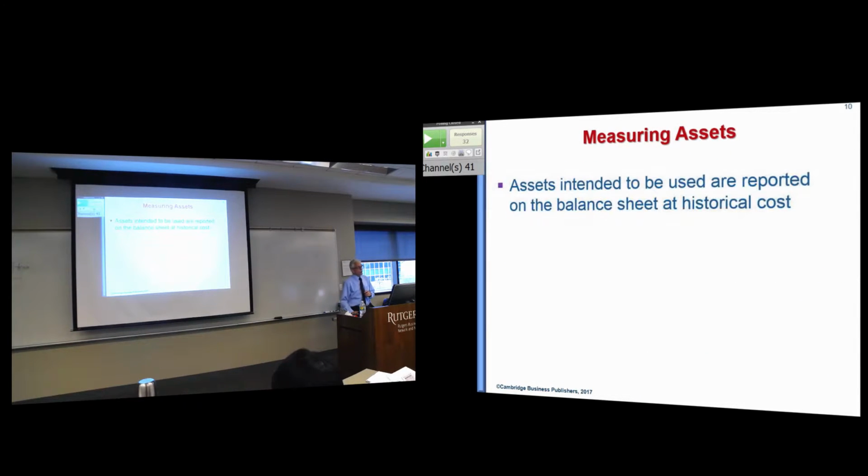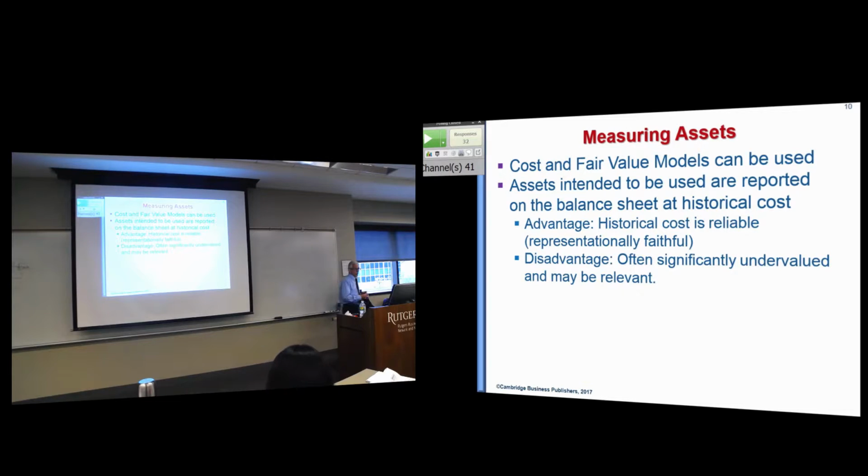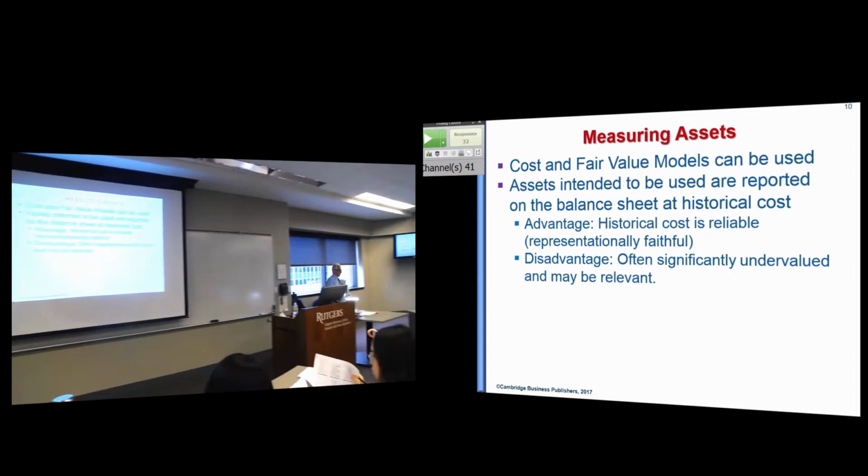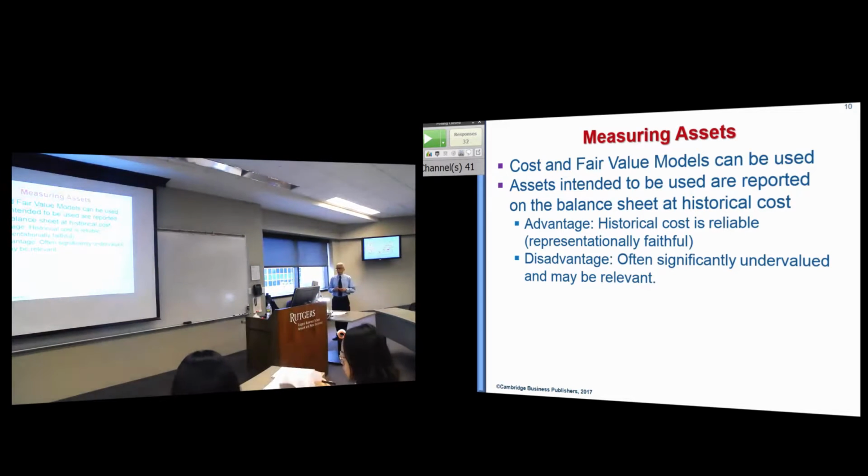Now, we measure assets we know at historical cost and fair value. And we went through this in the theoretical discussion, but just to review, historical cost has the advantage because it's representationally faithful, it's reliable. Disadvantage, it may not be relevant.